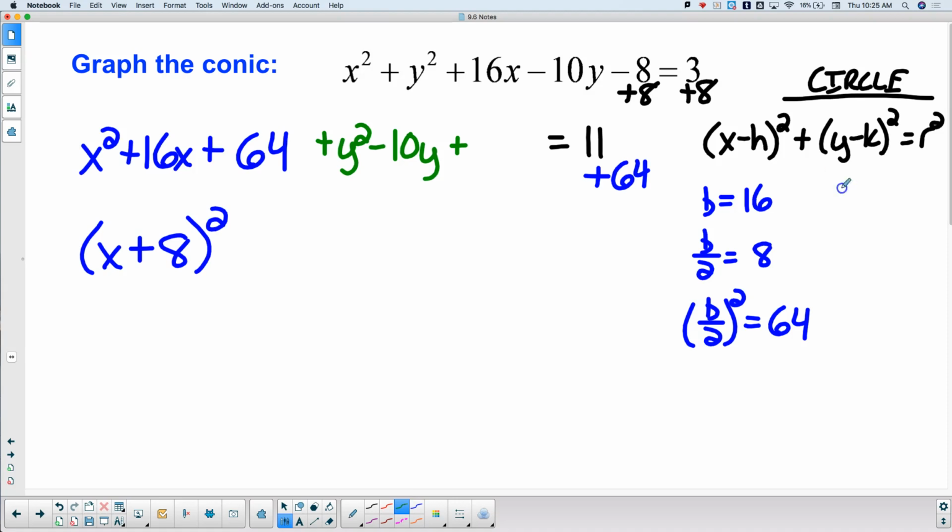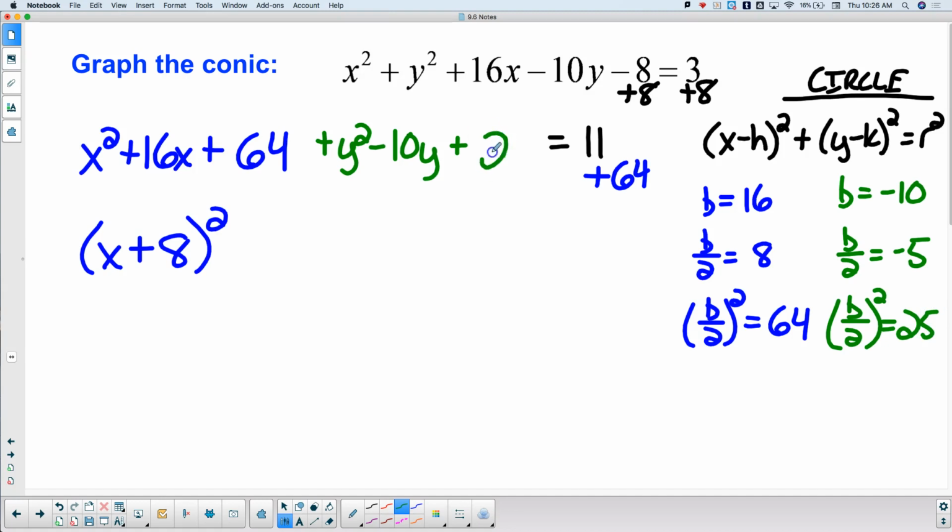Then we look at green. B value is negative 10. Divided by 2 is negative 5. Square it is 25. So I fill this gap with 25, and I have to add 25 to the other side.